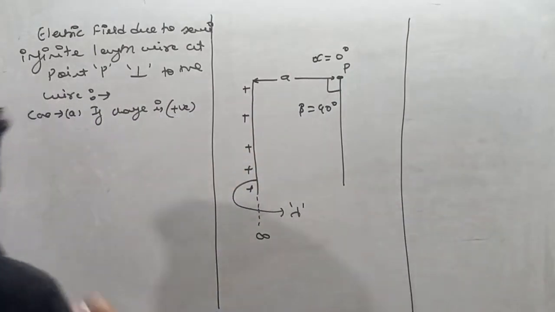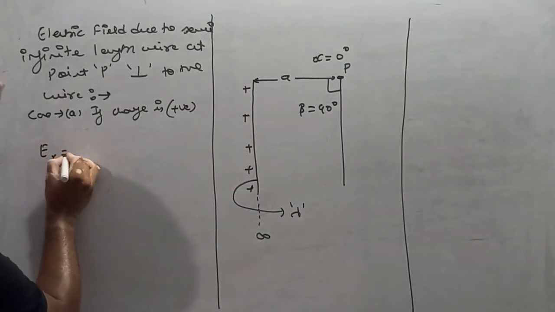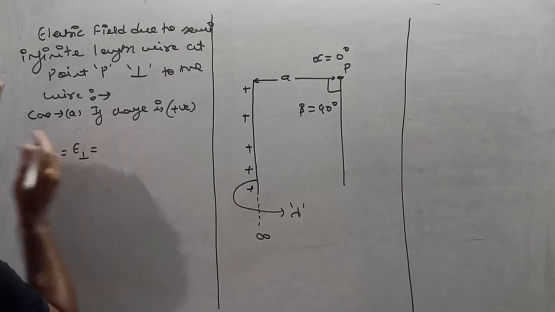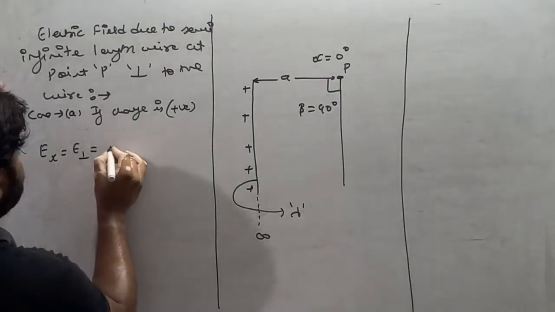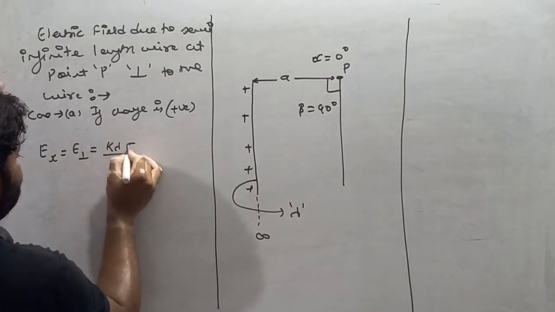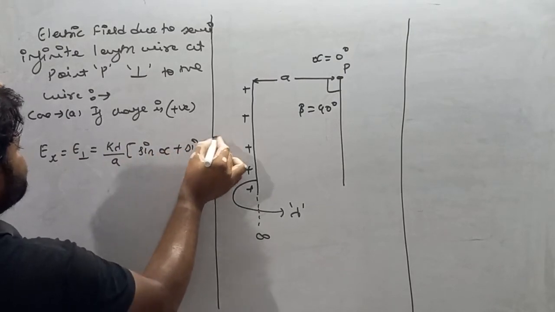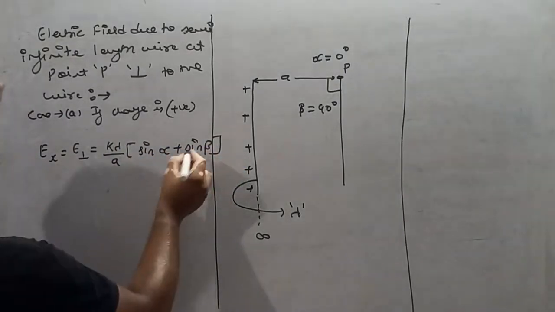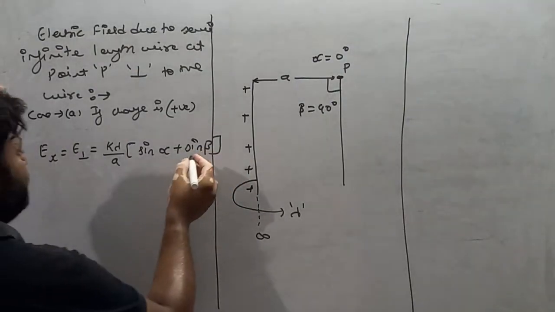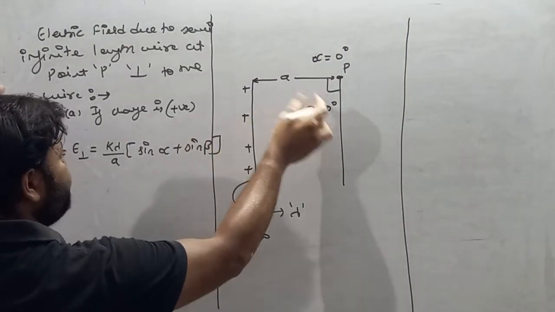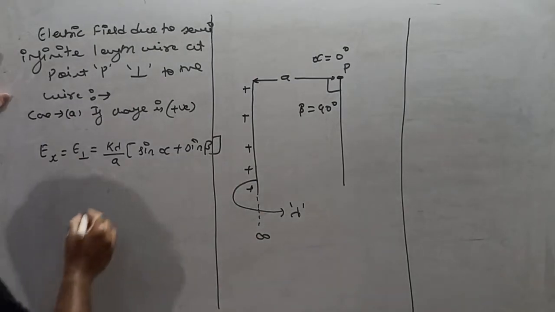lambda. So we know that electric field along x-axis, which is also called perpendicular electric field, is k lambda by A (sin alpha plus sin beta). Alpha is 0 degree and beta is 90.